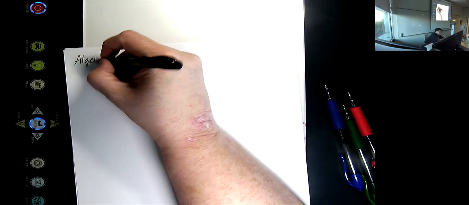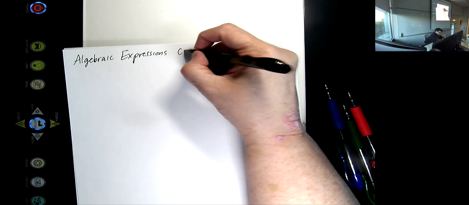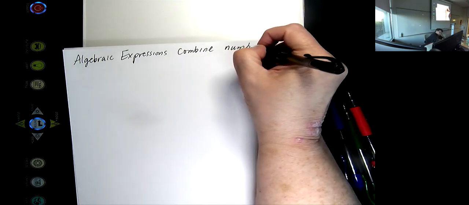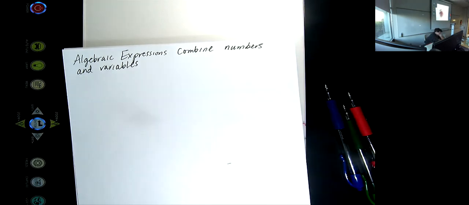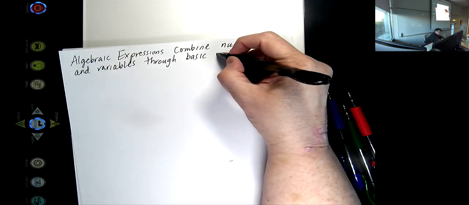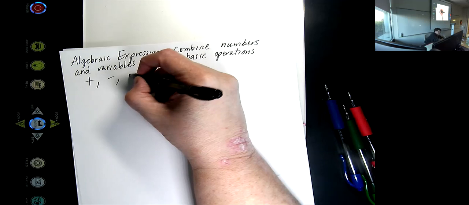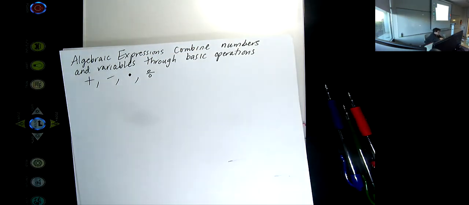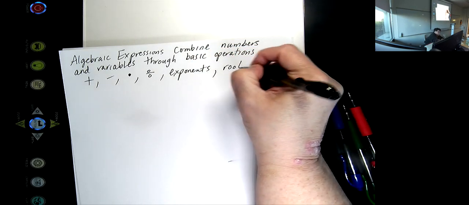All right, algebraic expressions. They combine numbers and variables through basic operations, like plus, minus, multiply, divide, exponents, roots, which are exponents, but we haven't gotten to that yet.